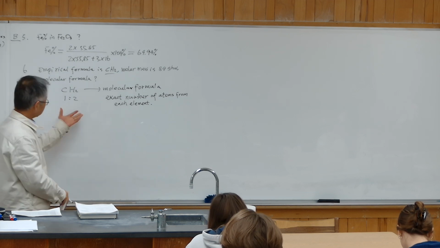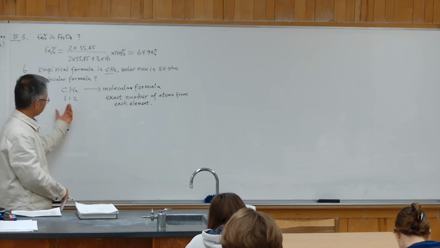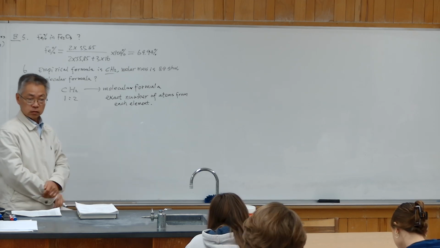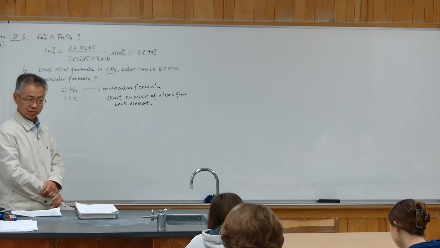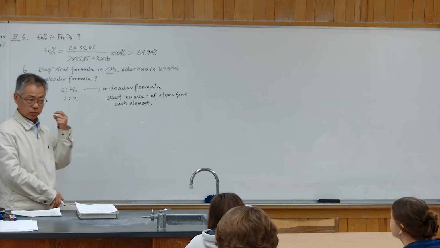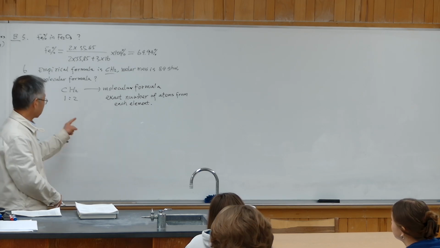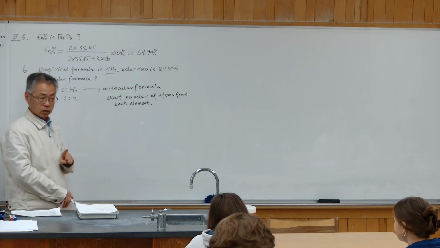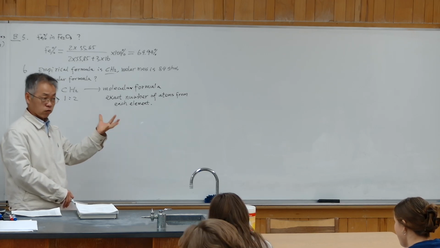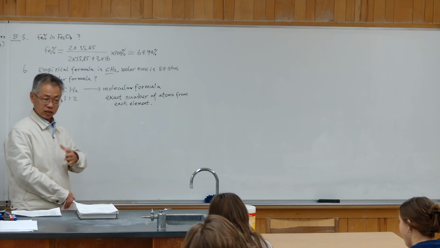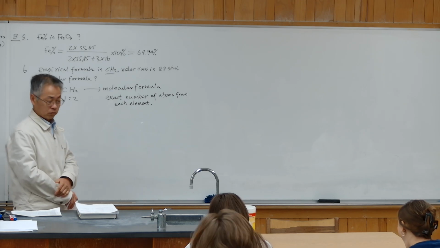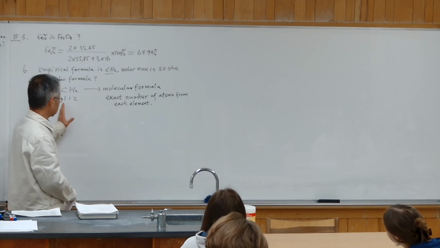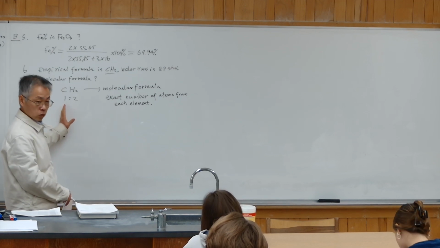And what does this exactly tell us? What is the relationship between them? It is just a whole number. This whole number could be 1. If it is 1, the empirical formula and molecular formula are exactly the same. It could be 2, 3, 4, 5, 6, even 7, 8, 9, possibly. Because the molecular formula is the exact number of atoms from each element, and the empirical formula is the simplest whole number ratio.